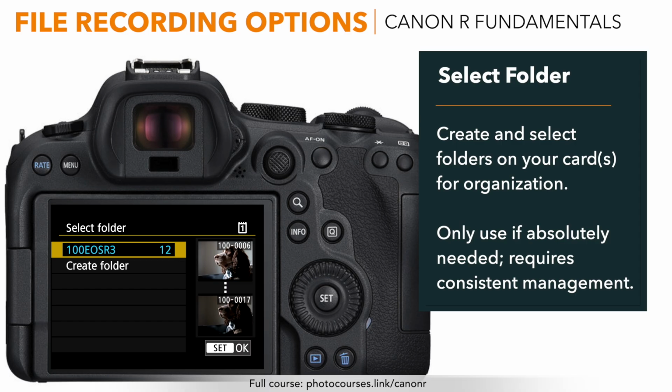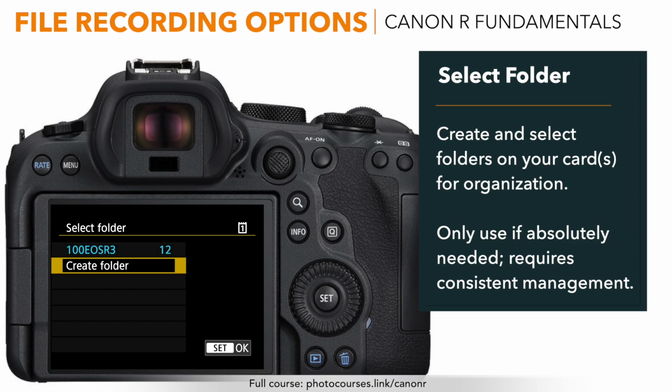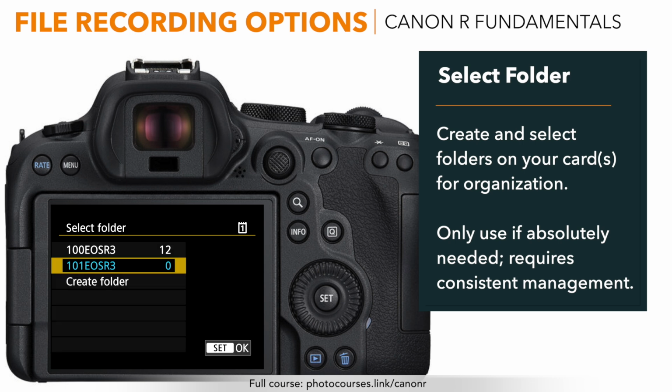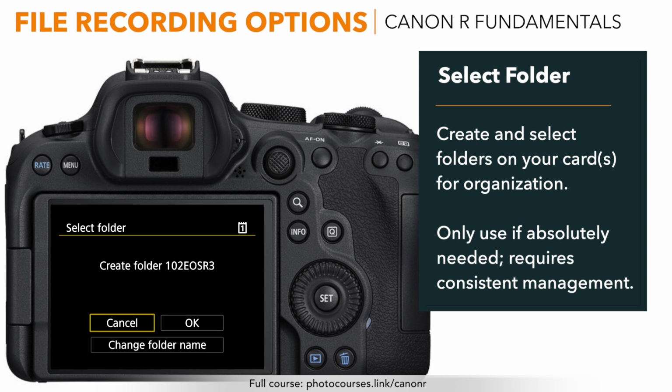Your options in here, you'll see Create Folder, and this creates a new folder with the next sequential folder number prefix. So if your highest folder number is 104, and you select Create Folder, it's going to be 105. Some cameras have a Change Folder Name option. This lets you change the 5-character folder name.